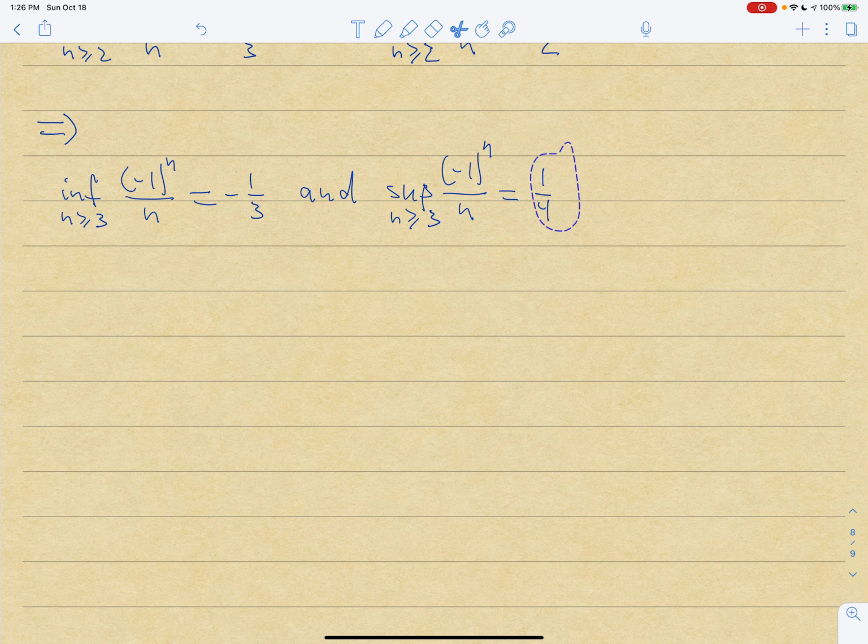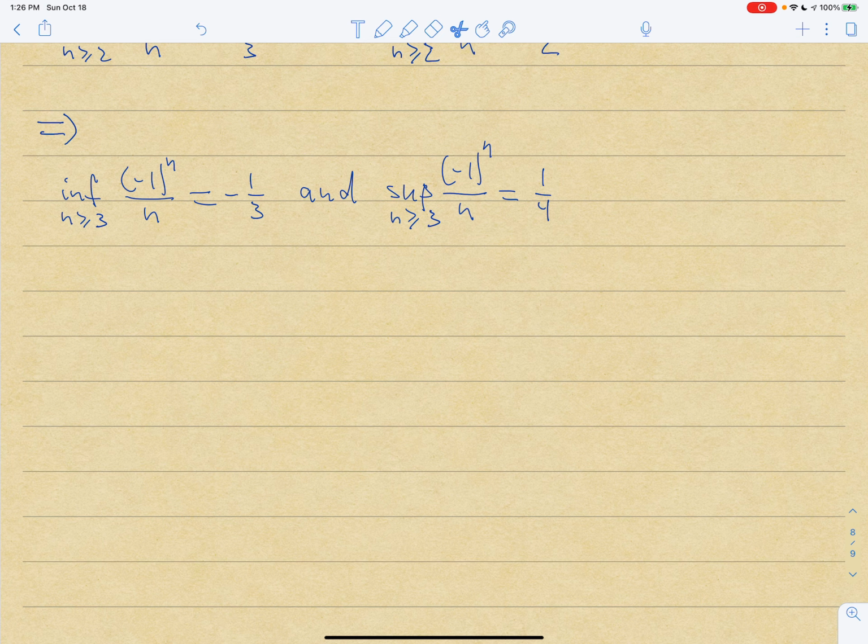So I can just argue again that -1/3 is a third element, 1/4 is a fourth element of my sequence. Again, they do not really determine what's going on with the sequence as n gets bigger. So I can repeat the same process. I can discard the first 3 elements and start taking infimum and supremum starting from the fourth one.